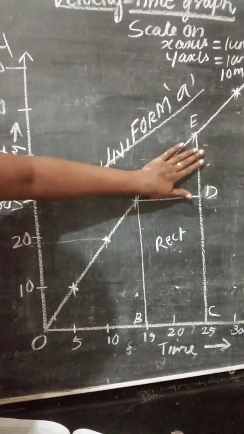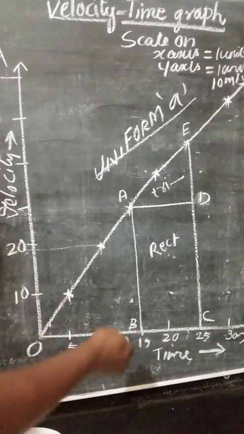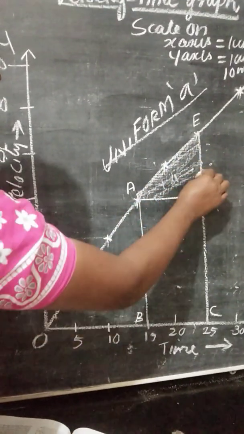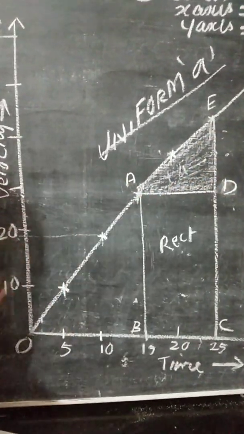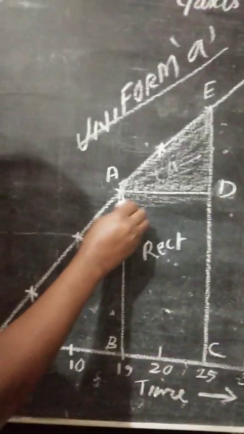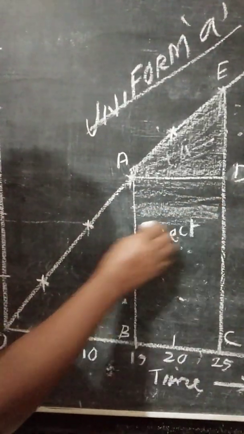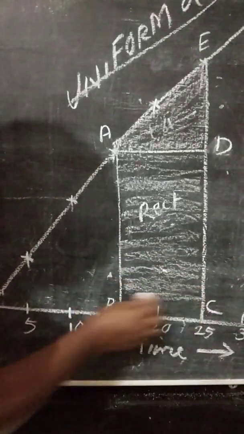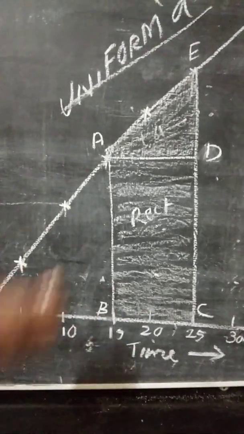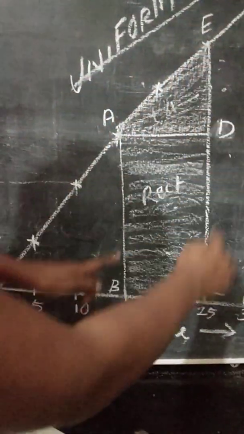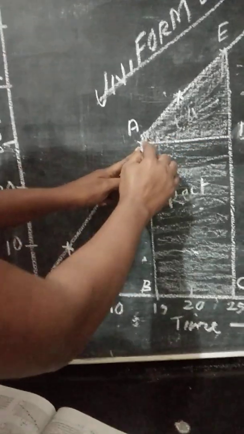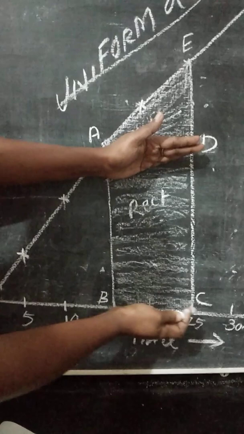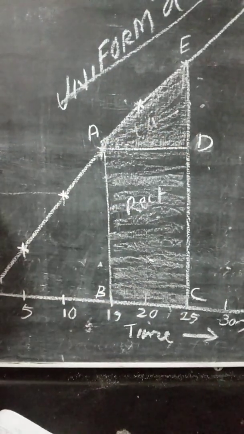Here we got two shapes. One is a triangle on the top, ADE, a small triangle on top of the shape, and below it we have a rectangle ABCD. After drawing the perpendiculars we get a triangle on the top followed by a rectangle on the bottom.